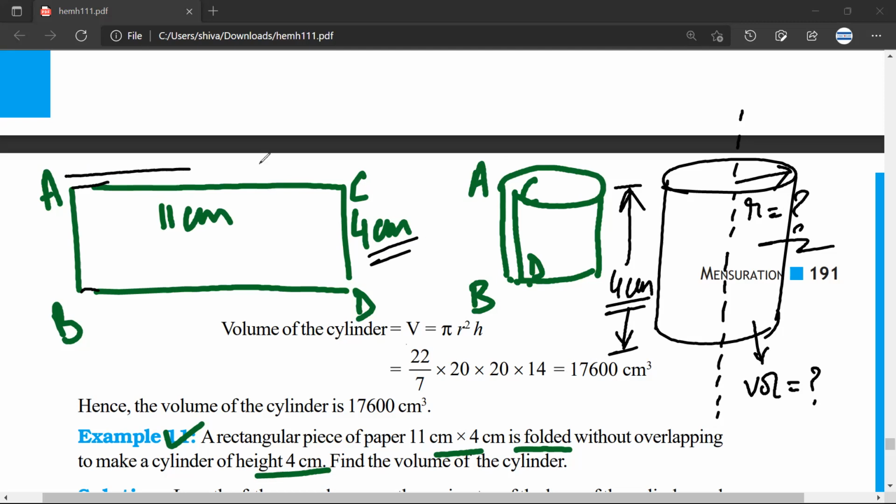We are only aware of this length. Yeah, so this is the diameter, so we have to divide 11 by 2, so we can get the radius. Sir, this is not the diameter. I don't understand.